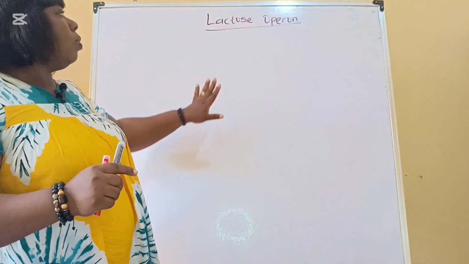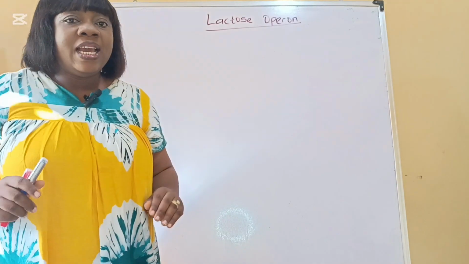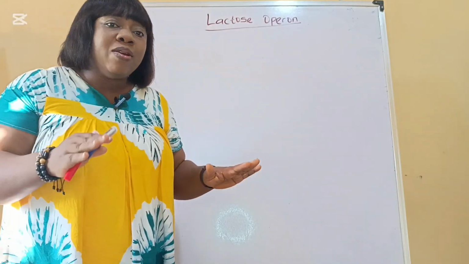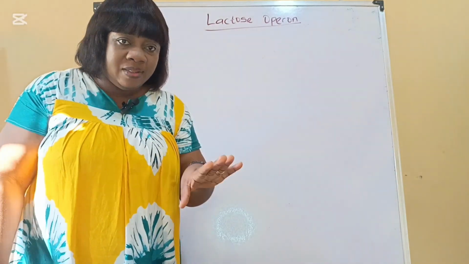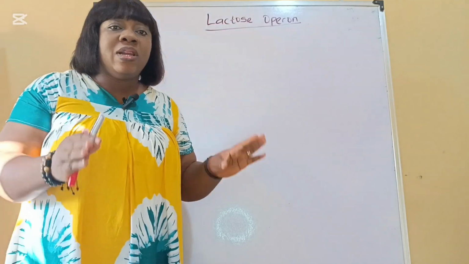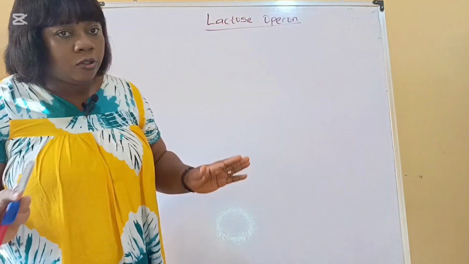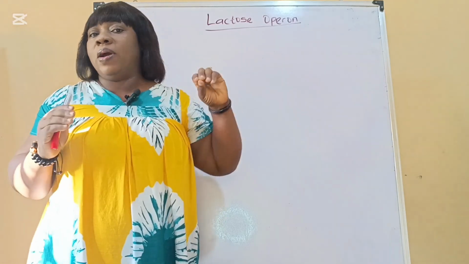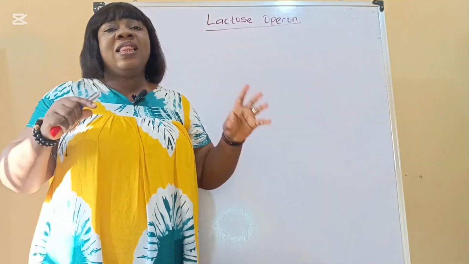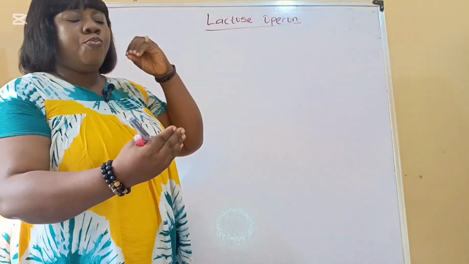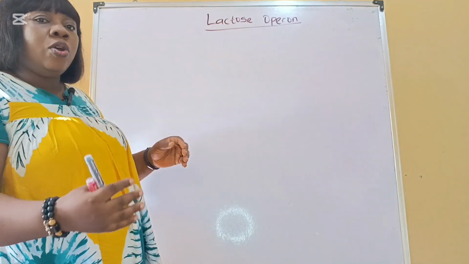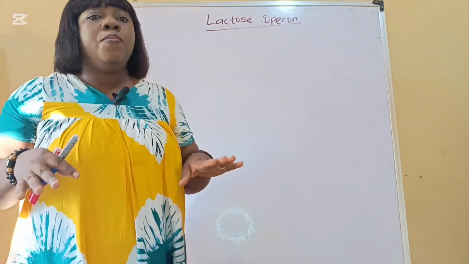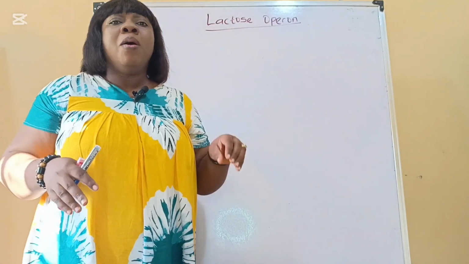Now, let's move on to the lactose operon. We said it is a regulatory mechanism that helps in regulating the expression of genes responsible for the metabolism of lactose. What this means is, let's take for example, you want to grow a bacterium in a medium, and in that medium you provide glucose, but there is lactose inside the medium too.